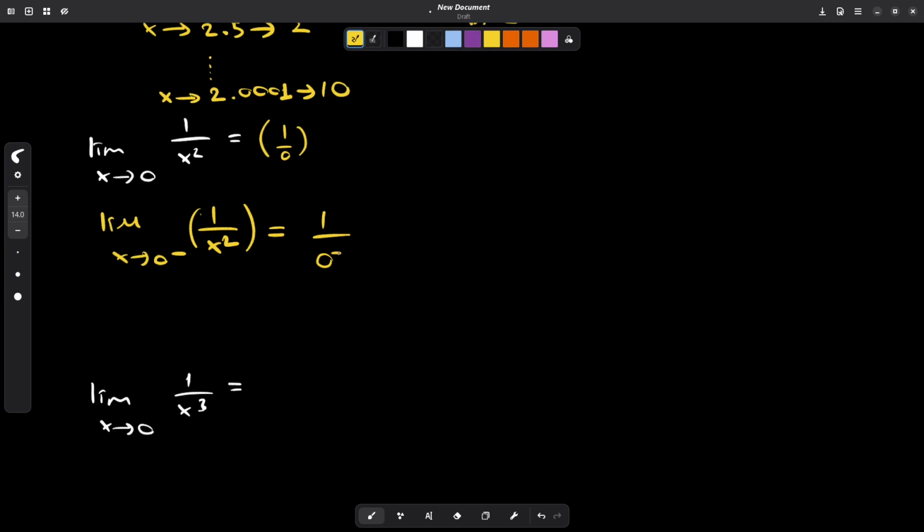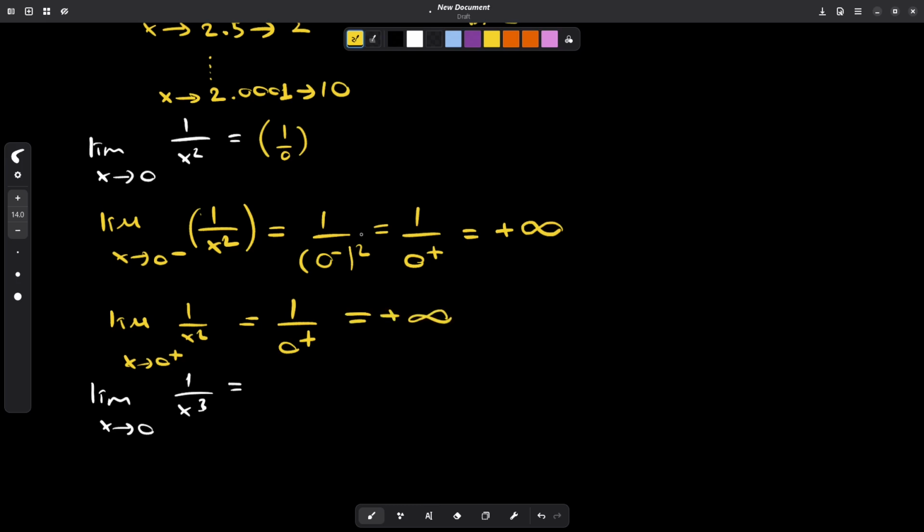You might say this is negative infinity because of what you just learned, but this is squared, so therefore I'm going to take this as the right side of 0, therefore I'm going to say this is infinity. Limit of 1 over x squared from the right side this time. Clearly 1 over 0 from the right side, this is infinity. So therefore my limit was infinity.